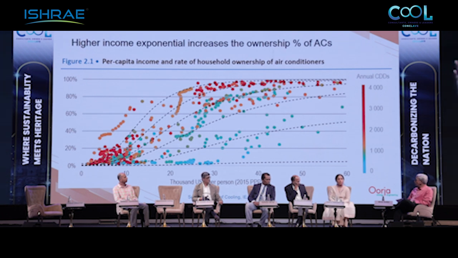But the moment the per capita income goes to $20,000 and above, it hovers between 80 to 100%.